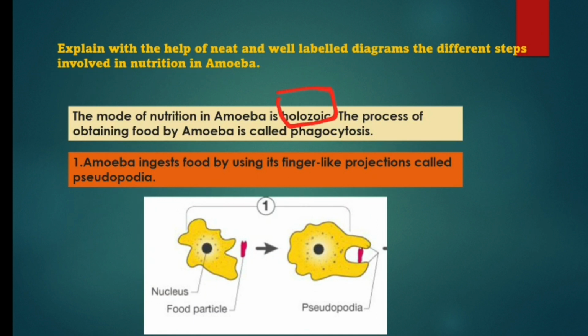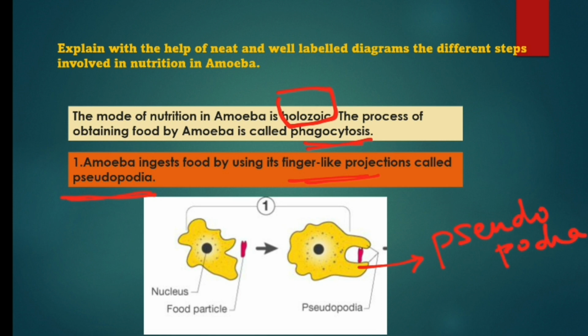The process of obtaining food by amoeba is called phagocytosis. Now how does this happen? Amoeba ingests food by using its finger-like projections called pseudopodia. Whenever amoeba senses the food, it starts spreading its finger-like projections called the pseudopodia. You can see here, this is the pseudopodia.